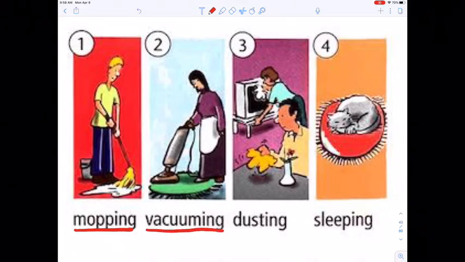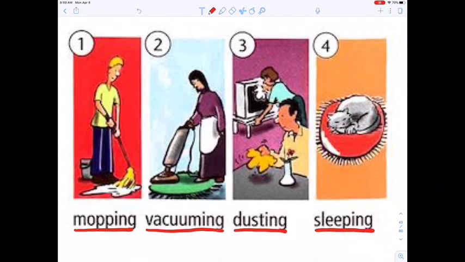Vacuuming. Number 3. Dusting. And number 4. Sleeping. Let's read them again. Number 1. Mopping.